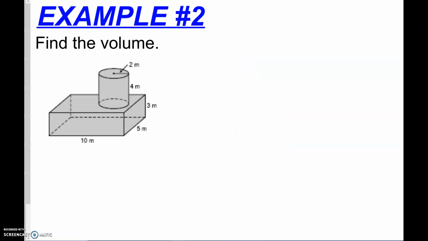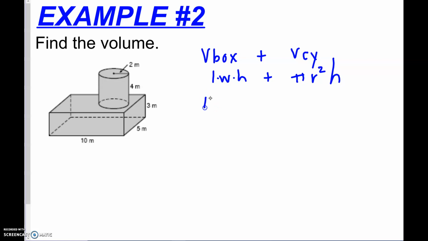All right, finding the composite volume here. So I'm going to take the volume of the box, and I'm going to add to it the volume of the cylinder. So the box is length times width times height, and the cylinder is going to be pi r squared h. So it looks like we have 10 times 5 times 3. My brain and I are not working together here. 10 times 3 times 5, plus pi, my radius is 2 squared, times the height, which is 4.